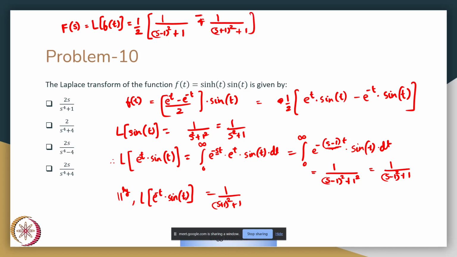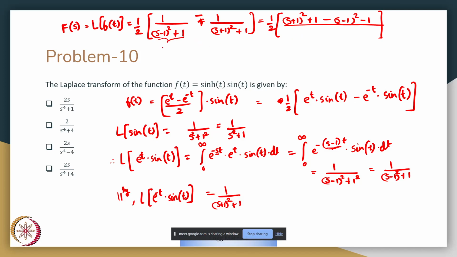minus 1 upon s plus 1 whole square plus 1, which is half of s plus 1 whole square plus 1 minus s minus 1 whole square minus 1, upon, I'll just simplify this.